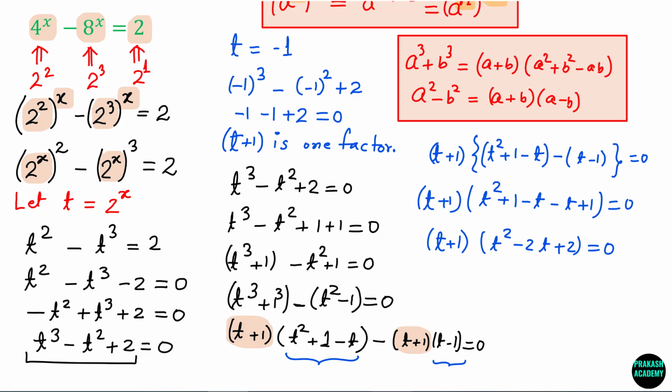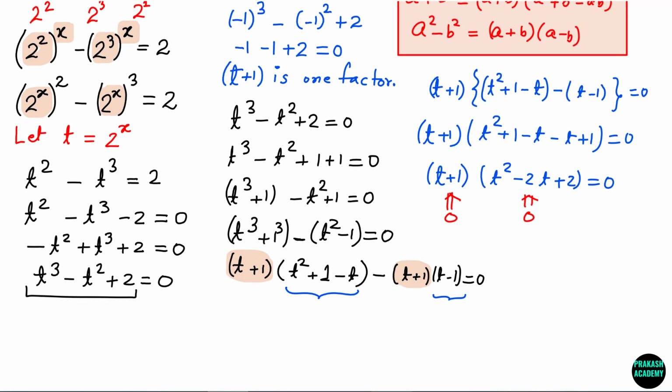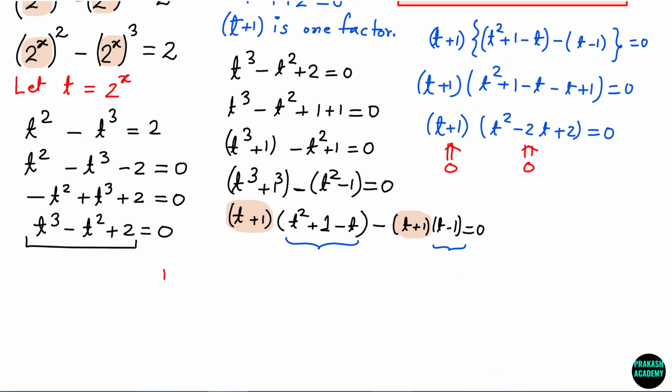Now there are two possibilities: either this term is 0 or this term is 0. So there are two cases. In the first case, if I consider t plus 1 is 0, this means t is equal to minus 1.